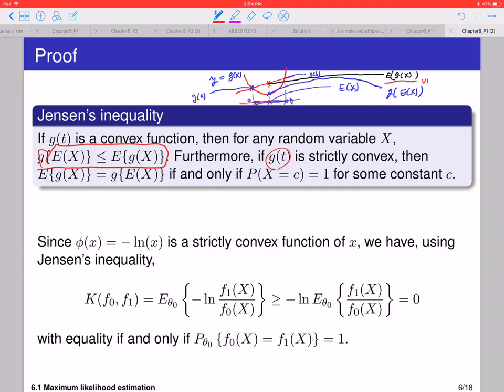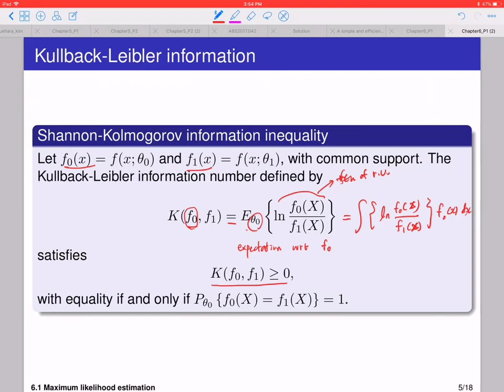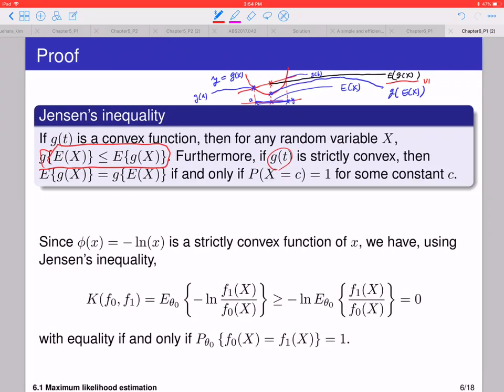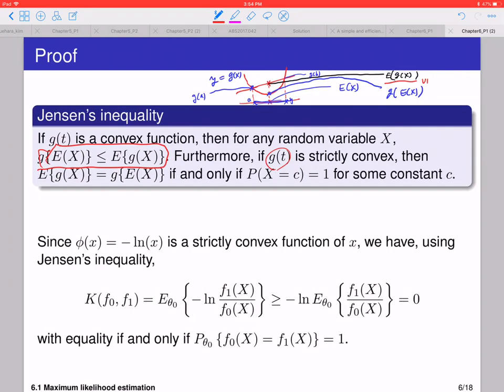That's Jensen's inequality, and we are going to use it to show the Shannon-Kolmogorov information inequality, using this strictly convex function.